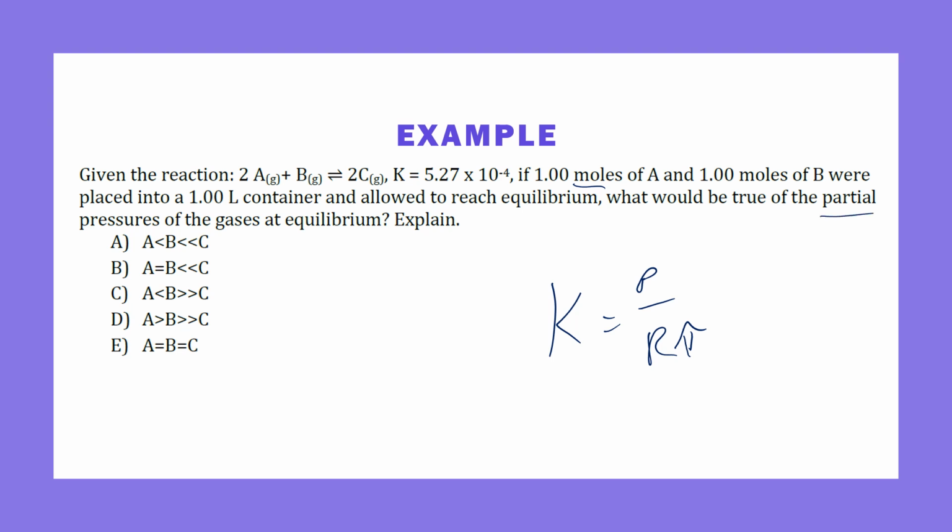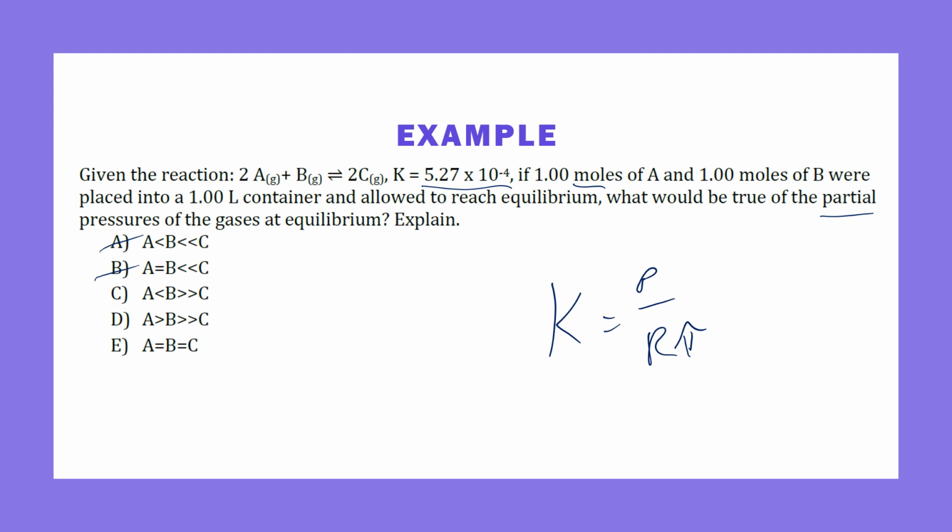Now, we need to look at both the value of K and the stoichiometric mole ratio. It barely forms any products at all because K is very small. So you're going to have the least amount of C. So we're not going to talk about A or B. E might be true depending on how much you have, but it might be true if your K value was closer to 1.